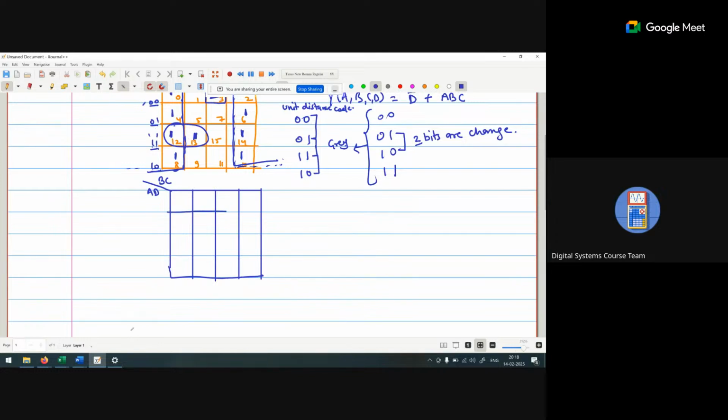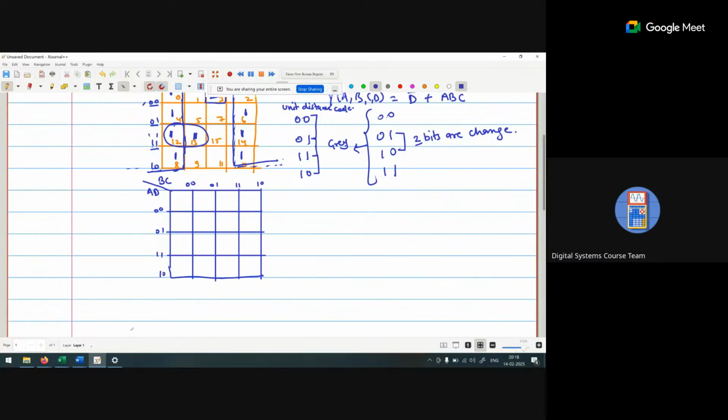Now for the value of BC, the possible values are 00, 01, 11 and 10.